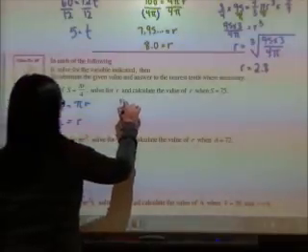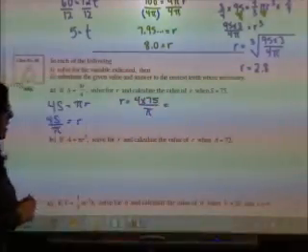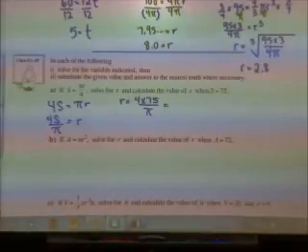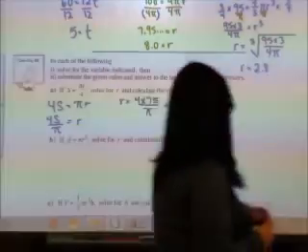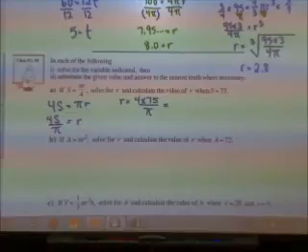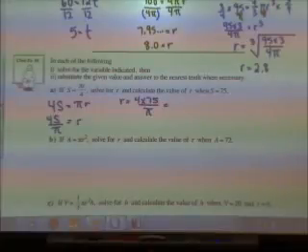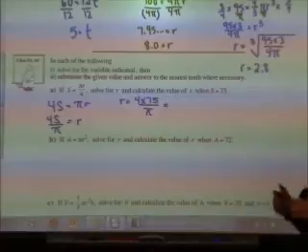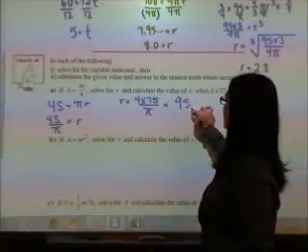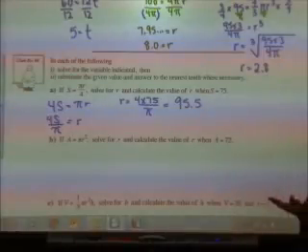So if S equals 75, I get 4 times 75 divided by pi, and I'll get you guys to tell me what the answer would be, to the nearest 10th. What'd you get, Jonathan? 95.5. Good.